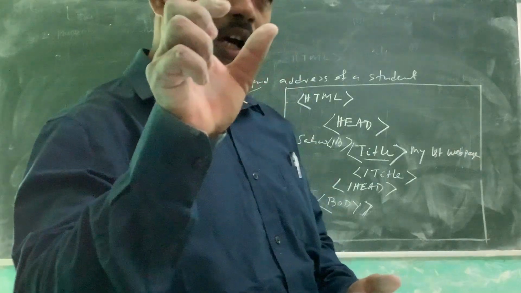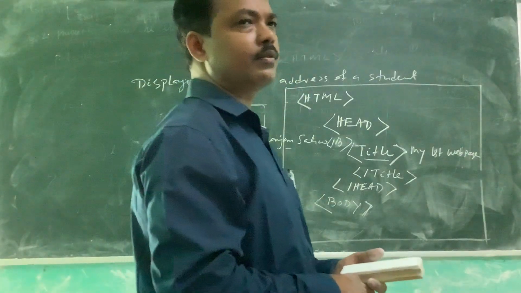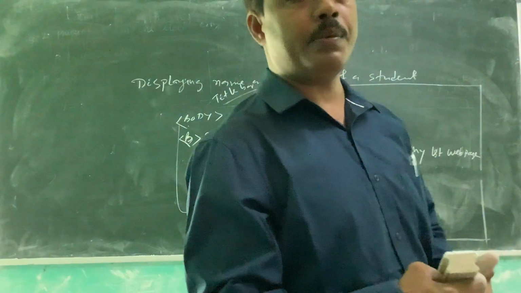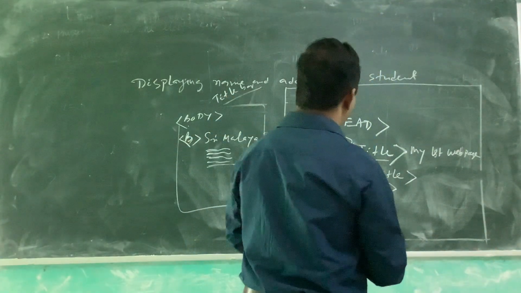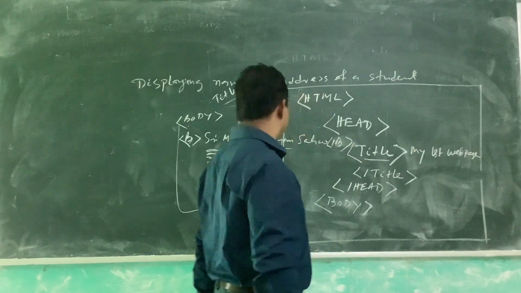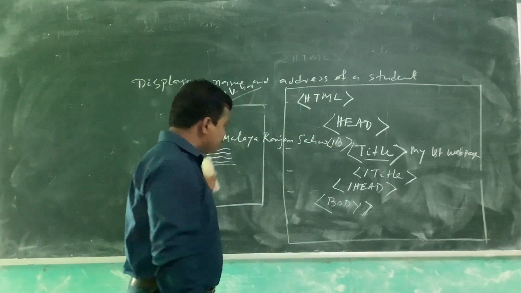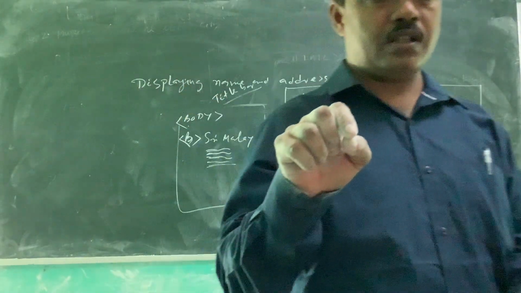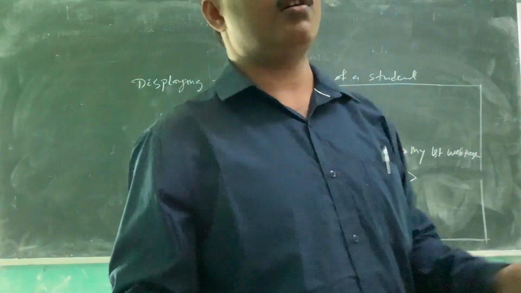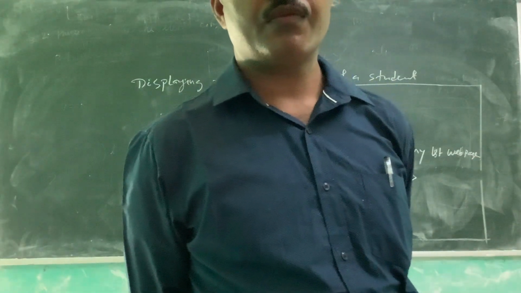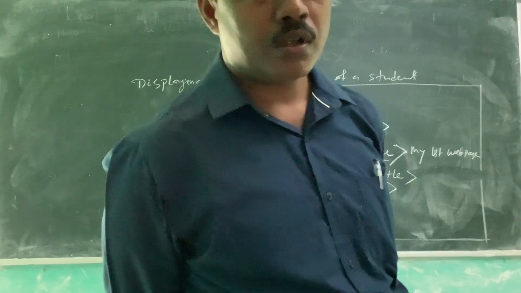So in our assignment we have to only show the name of the student in bold face. So here I closed the B tag. Again, our question is, the address of this student will be shown in how?